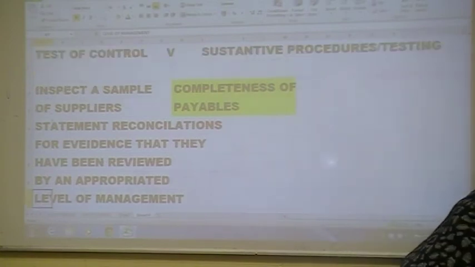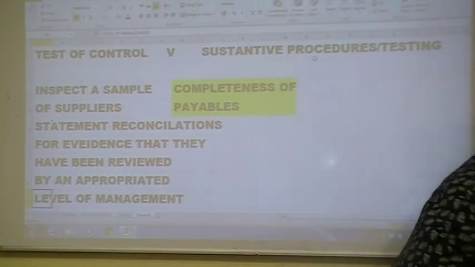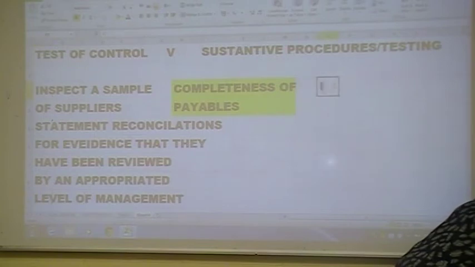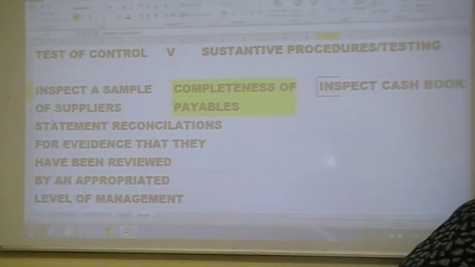So there should be a signature or initials at the bottom showing they've been reviewed. Whereas for our substantive procedure, a little arrow coming down now to your substantive procedure, you inspect your cash book, your cash payments, or your check journal, I should say, better.